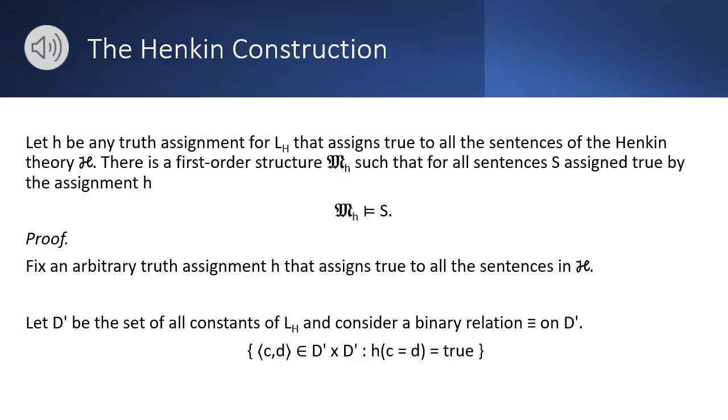So once you have truth assignments for the atomic sentences, you can expand it out. And here we'll be looking only at truth assignments that mark the sentences in the Henkin theory that we talked about earlier, that's H1 through H5, as being true.